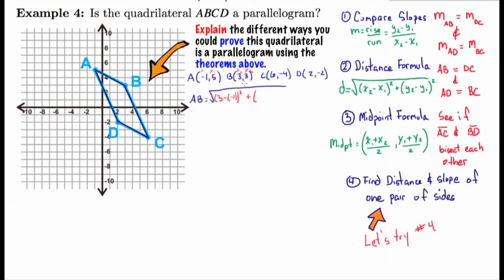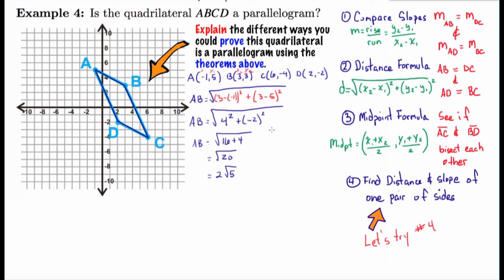I'm going to substitute my coordinates in here using the distance formula. Simplify this a little bit. I get the square root of 4 squared plus negative 2 squared, which is root 16 plus 4, which is root 20, which simplifies to 2 root 5.